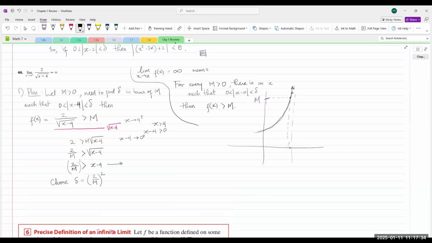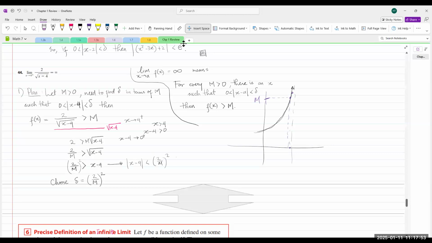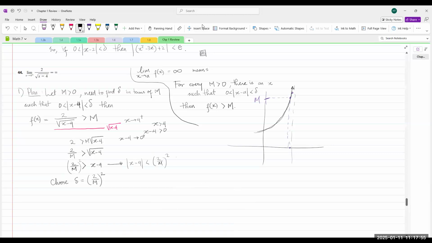Think about this. So this is absolute value of x minus 4 is less than 2 over m squared, right? We want this to be less than delta, okay? This is less than delta, so we choose that way. Okay, now let's see if this choice actually works.